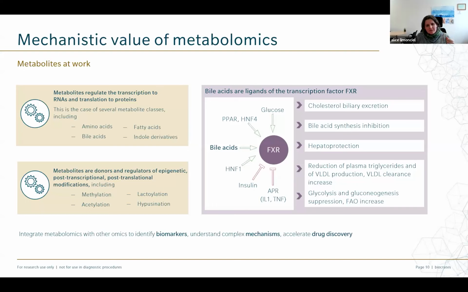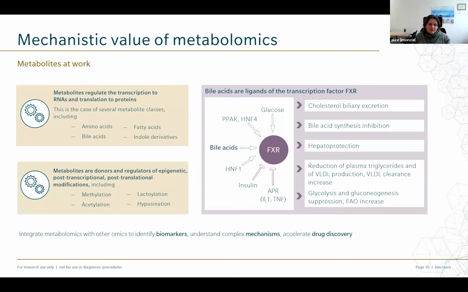So if I'm a metabolite and I'm able to bind several types of transcription factors, I can have a really deep effect on the transcriptome, which I'm going to see in transcriptomics and in proteomics, in addition to the genome of the person, which is, of course, independent of these effects.